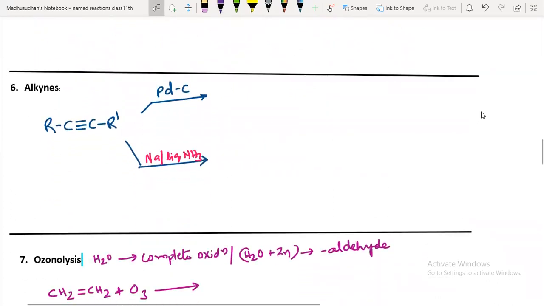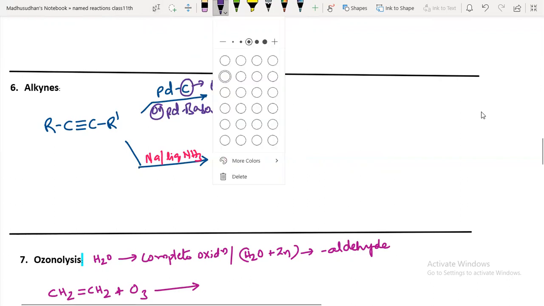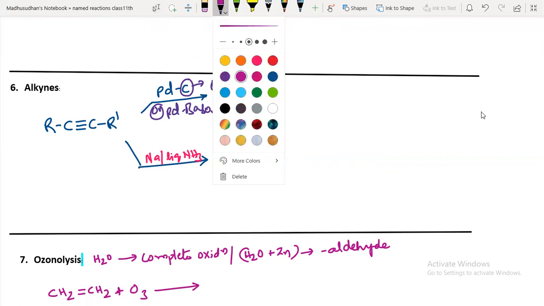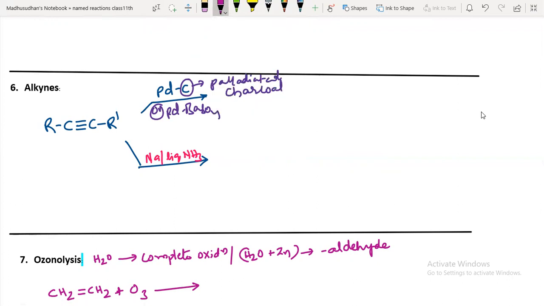Alkynes. Alkynes on reaction with palladium on carbon, this carbon is also called pelleted charcoal, or irradiated charcoal. Sometimes they will also use palladium barium sulfate. So here the name of this catalyst is Lindlar's catalyst.